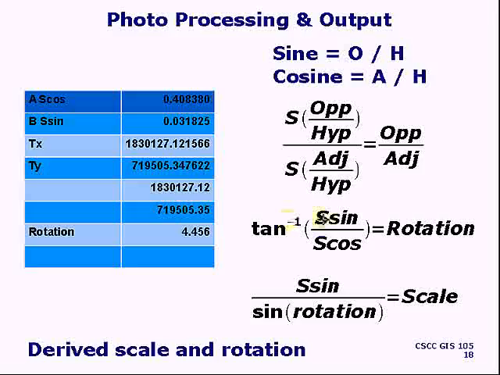So what we can actually do is take the scale sine, divide it by scale cosine, understanding that everything is going to reduce out, take the inverse tangent of that, and we will have the rotation. So the rotation factor can be derived after we've done all those other computations.